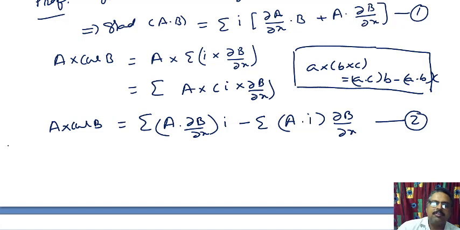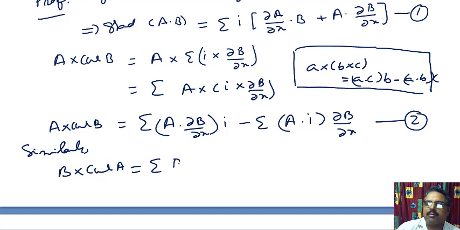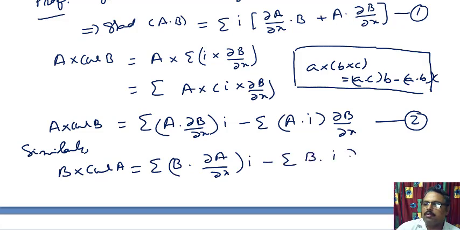Similarly, B cross curl A. Just interchange the roles of A and B, then what happened? B dot ∂A/∂x into i minus sigma B dot i into ∂A/∂x. This is called equation 3.